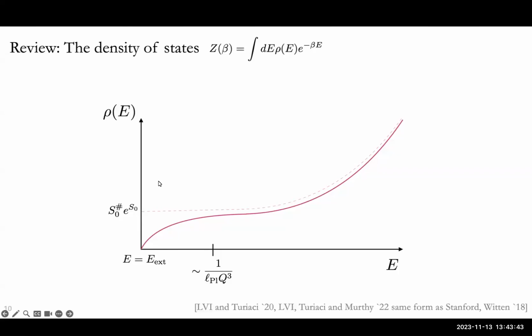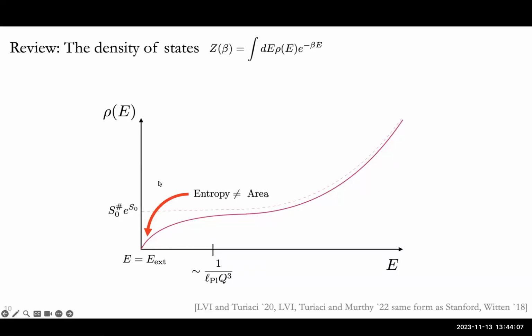At large energies, the two plots almost coincide. The density of states predicted semi-classically is pretty much correct. But as you approach extremality, below this energy scale the two plots start deviating a lot, up to the point where exactly at extremality, the density of states goes to 0.